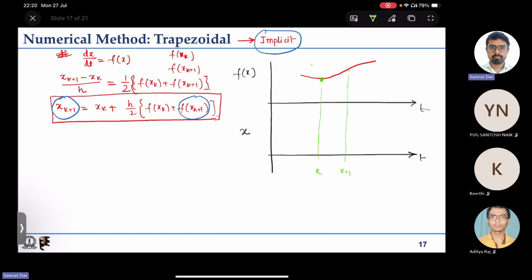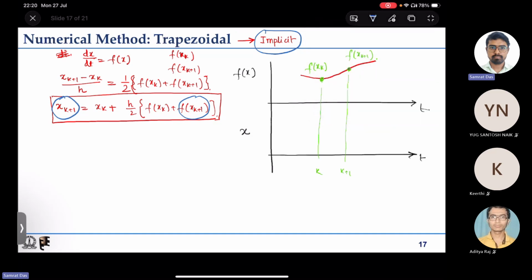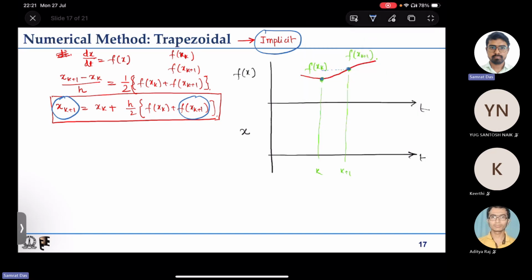So this is f of xk, this is f of xk plus 1. In this case, for backward Euler, what was done? The value of xk plus 1 was carried backward. In the case of forward Euler, the value of f of xk was carried forward.